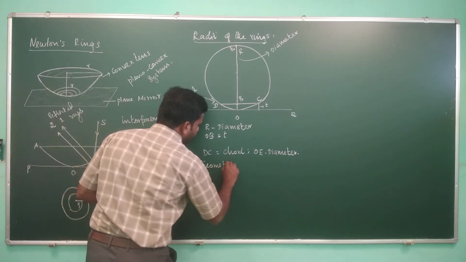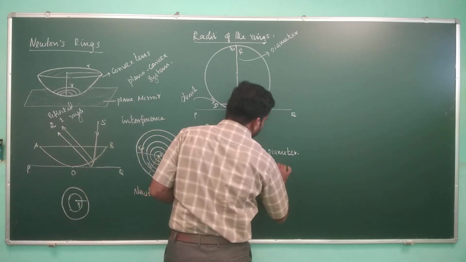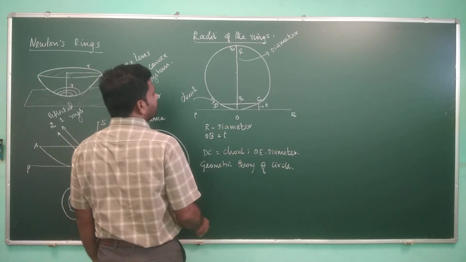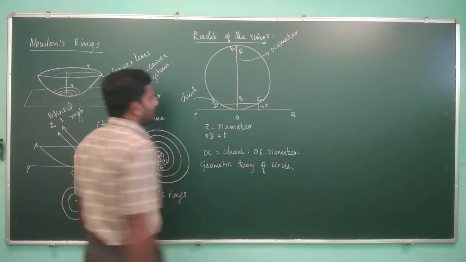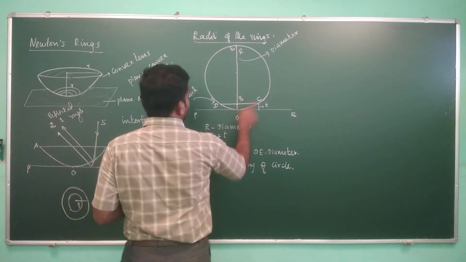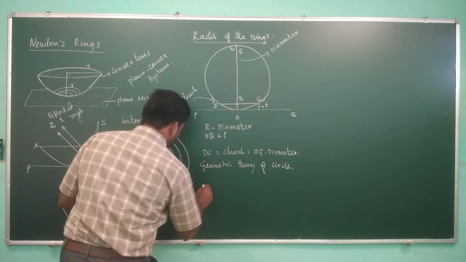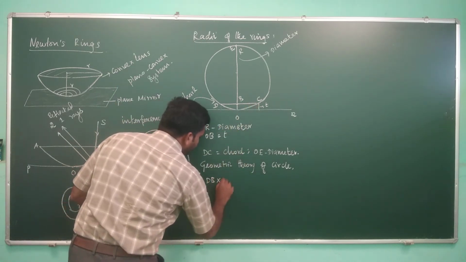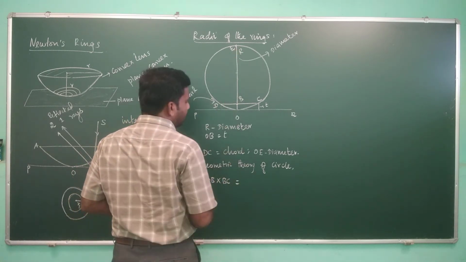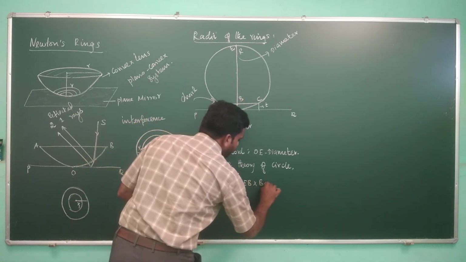From the geometric theory of the circle, we can write that the products of the intersecting portions of the chord and diameter are the same. That is, the product of DB and BC is equal to the product of the diameter side, EB and BO. EB multiplied by BO.